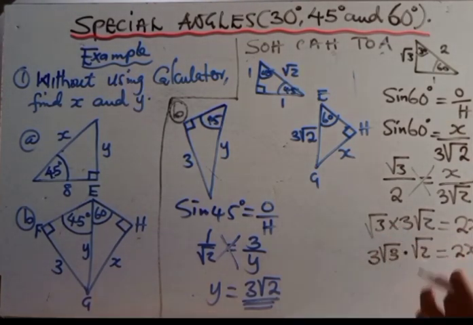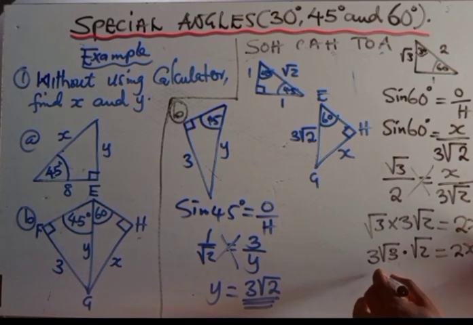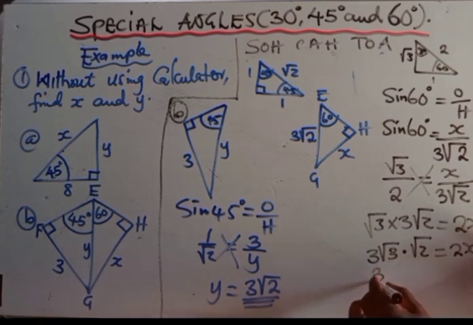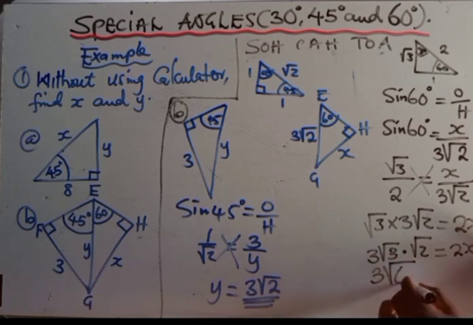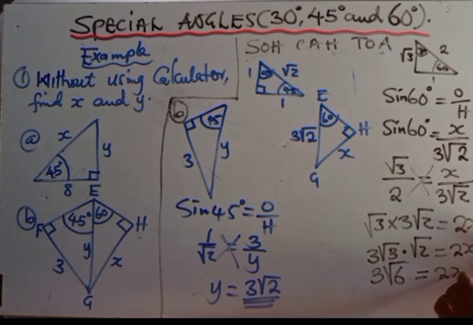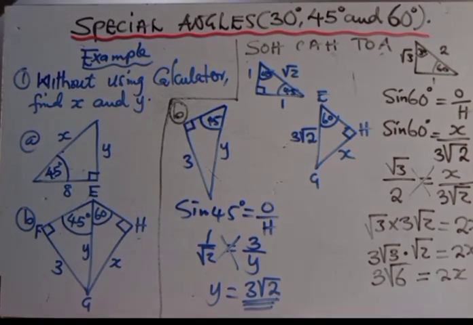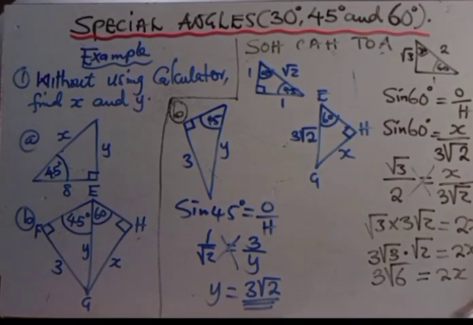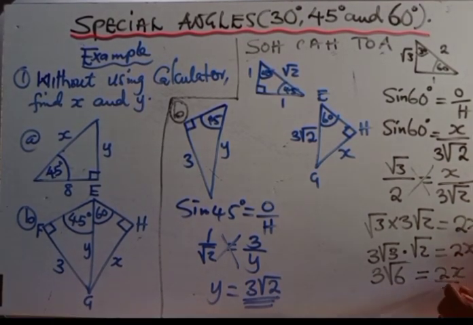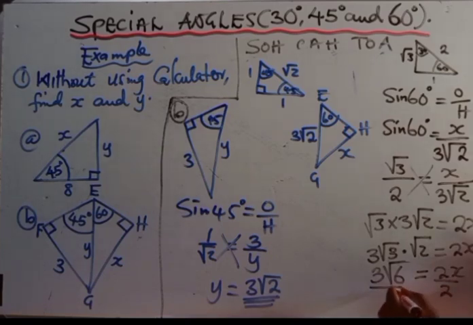So if we multiply this, the answer we are going to have is 3 root 6, which will be equal to 2x. Now we divide both sides by 2.